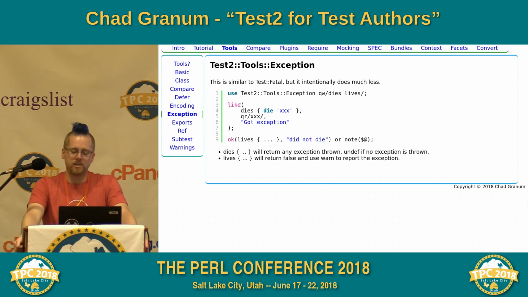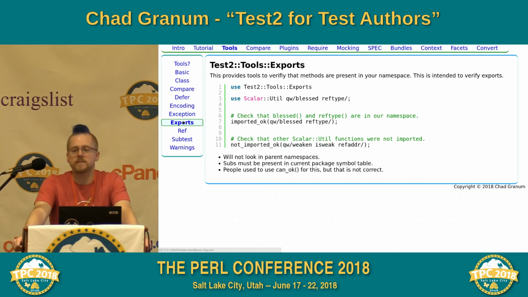There's a lot of magic put in place to try and prevent that, but that magic sometimes causes its own errors, such as a bizarre copy of array at some line you didn't even know existed. So the new standard is to use something that will capture the exception and return it, and then test against that returned exception. It's slightly more verbose, but it is a lot safer. There's also a lives, which just returns true if you didn't throw an exception.